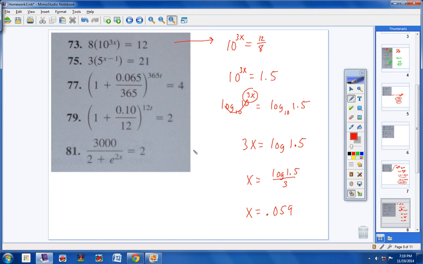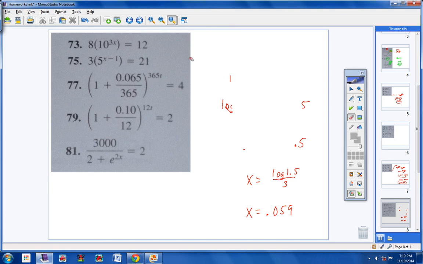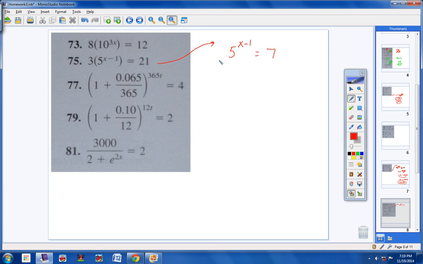Okay, moving on to number 75. Same thing. Here we go. Divide both sides by 3. Okay, the base of your unknown is 5. So log base 5. Here your base matches your base.